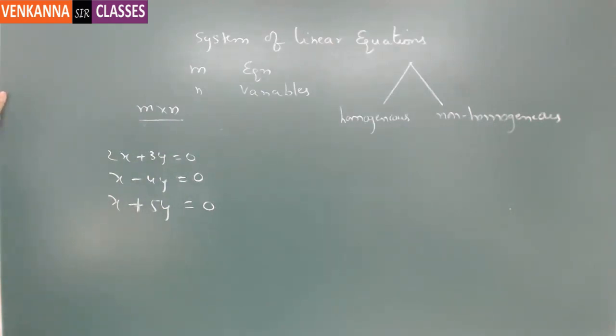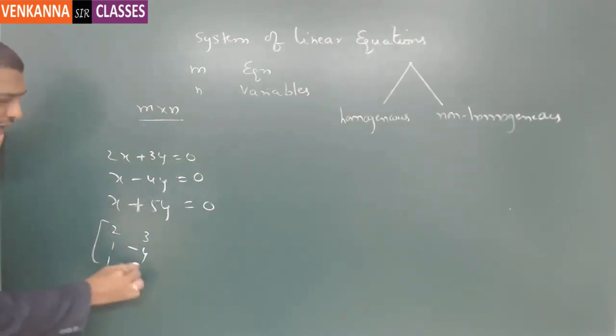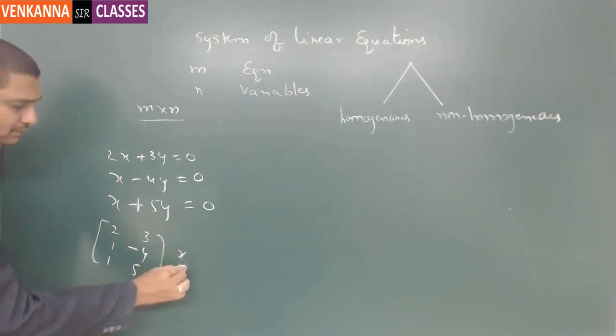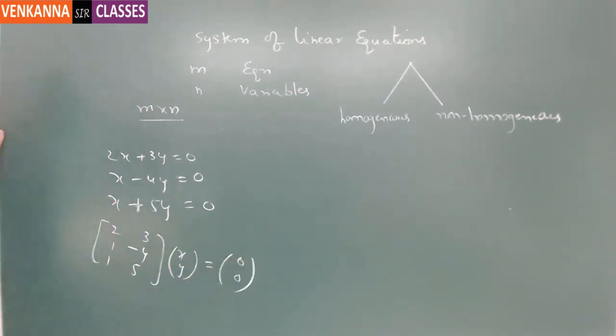So if you consider the system in the form of a matrix, you will get like this: [2, 3, 1, minus 4, 1, 5] of [x, y] is equal to [0, 0]. This type of representation we usually denote with AX equal to 0.